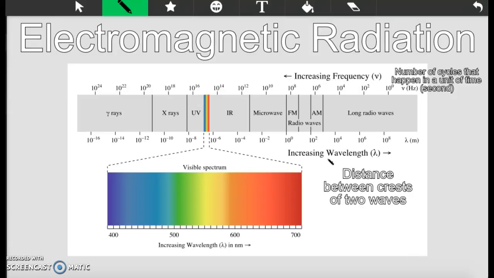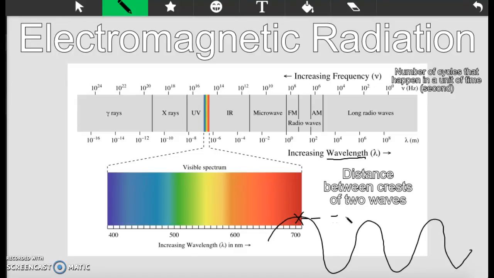Okay, next we have wavelength, which shockingly is the length of waves. What that means is you take a wave and it's the distance between the crests of two waves. Let's just draw two waves real quick. Okay, we drew three, but the crests are the top, so you'd go here to the crest on the wave next to it, so the wavelength would be from this x to this x.